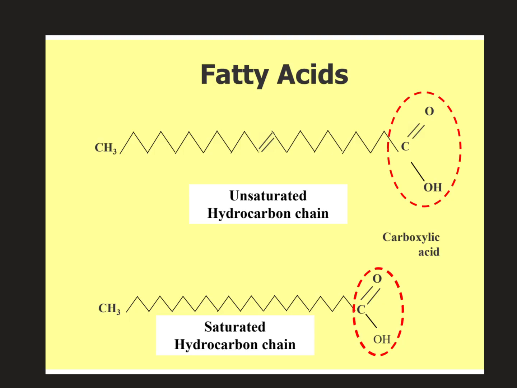Right, so the next slide shows you an image. I've circled, these fatty acids are a type of carboxylic acid. Remember, these are those functional groups. I put them in here because this is not what determines if a fatty acid is saturated or unsaturated. This is a carbon-oxygen double bond, not a carbon-carbon double bond. You have to look at this long chain here to determine whether the fatty acid is unsaturated or saturated.